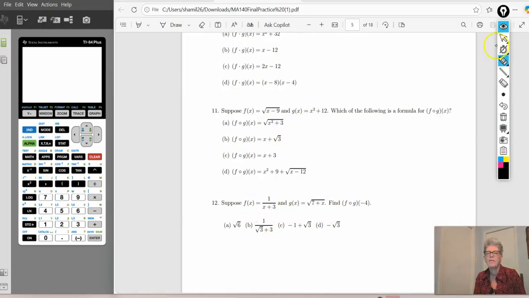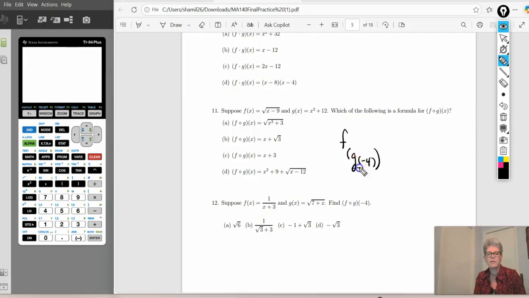Okay, now we have this with a number. So you're going to get a number as the answer. So we want f composed with g evaluated at -4. So I'm going to start up here. It's going to be the first one evaluated at the second one, evaluated at -4. Okay.